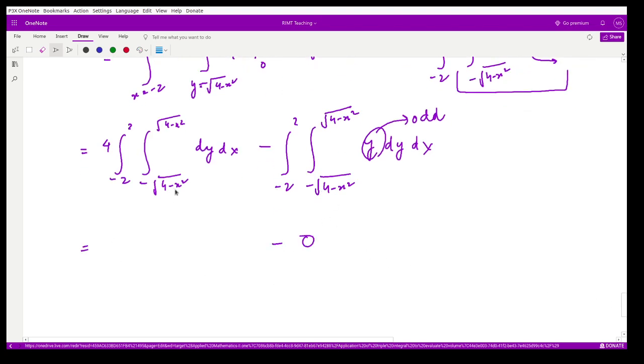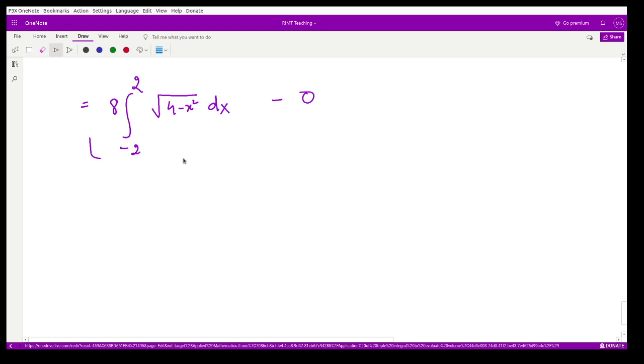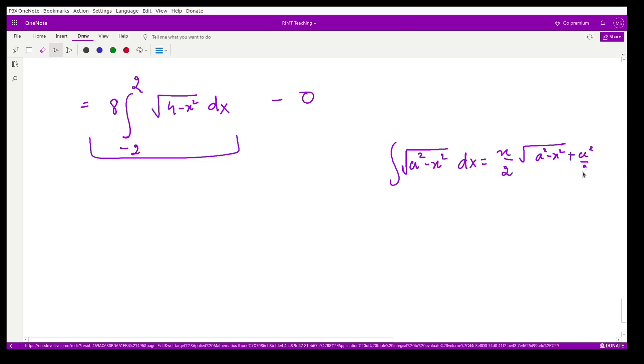So we have this quantity and its integration would be y. So this becomes equal to 8 times the integral from minus 2 to 2 of the quantity 4 minus x square dx. We now have to perform the integration with respect to x. We know this formula, the integration of a square minus x square with respect to x is equal to x upon 2 square root of a square minus x square, plus a square by 2 sine inverse x upon a.